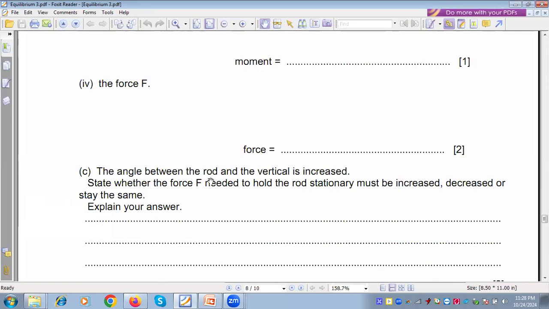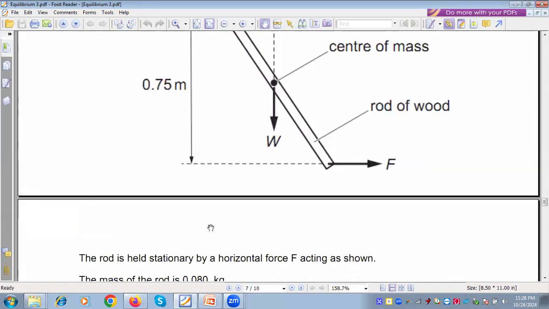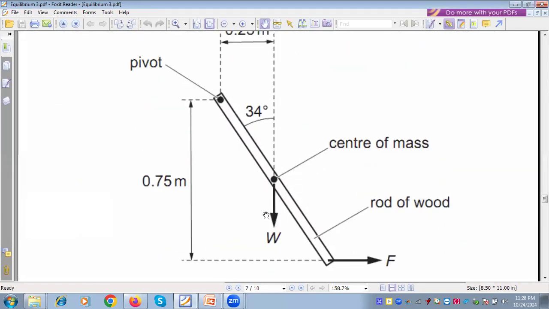The angle between the rod and the vertical is increased. State whether the force F needed to hold the rod stationary must be increased, decreased, or stay the same. Explain your answer. In order to understand this, when the angle is increased, the rod will be in this position.